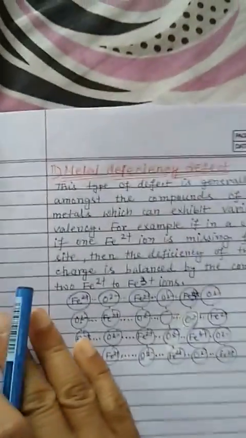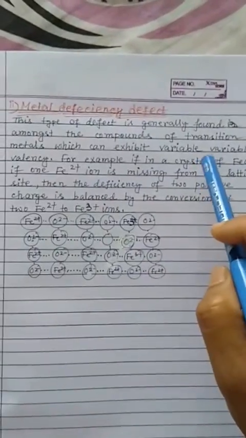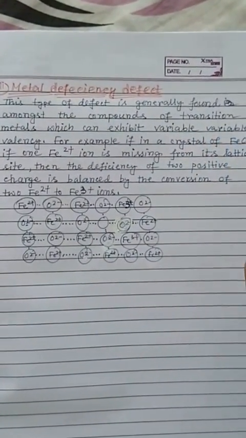And the last topic is the metal deficiency defect. This type of defect is generally found among compounds of transition metals which can exhibit variable valency, more than one valency.